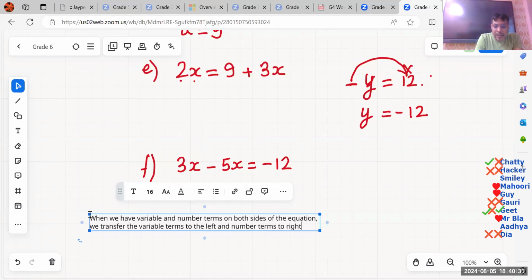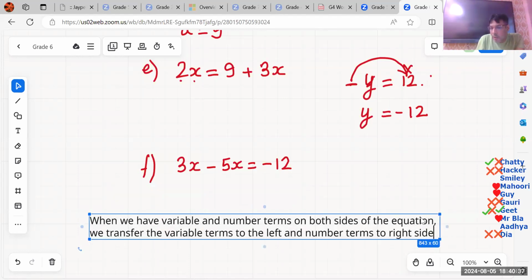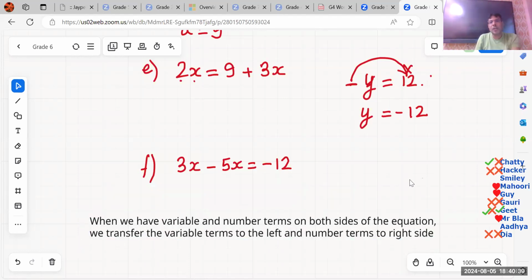Guys, you can also transfer to the right instead of the left, but this is an easier approach. It's not a rule, but it's an easier approach. When we have variable terms and number terms on both sides of the equation, we transfer the variable terms to the left and number terms to the right.